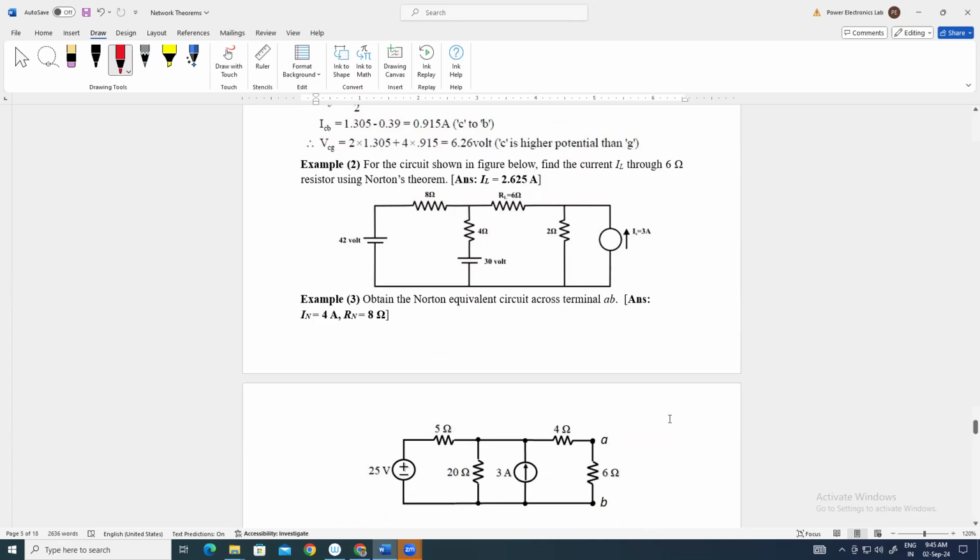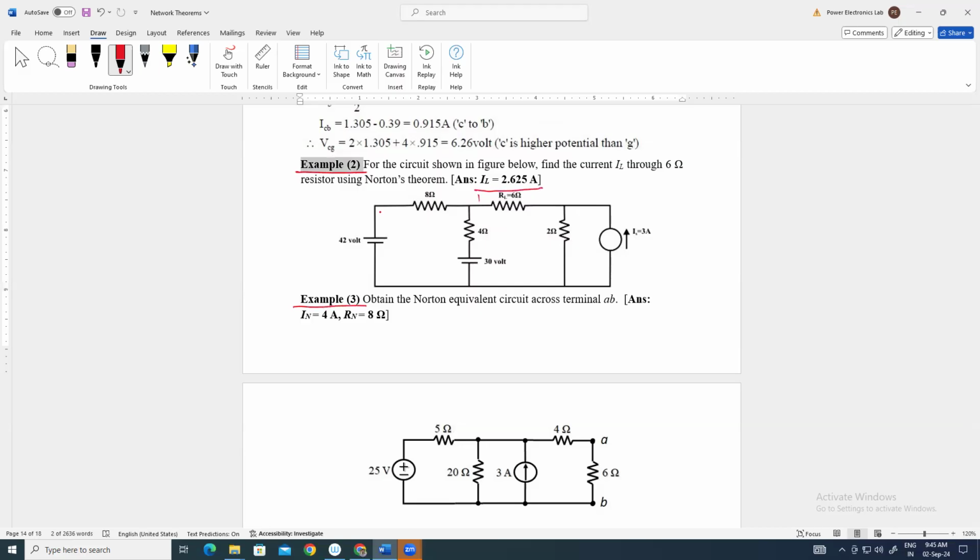So there are some examples, example number 2 and 3, that you have to solve, and you have to verify your answer that is given here, that IL is equal to 2.625 ampere.